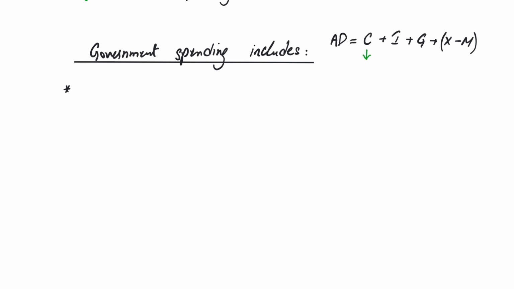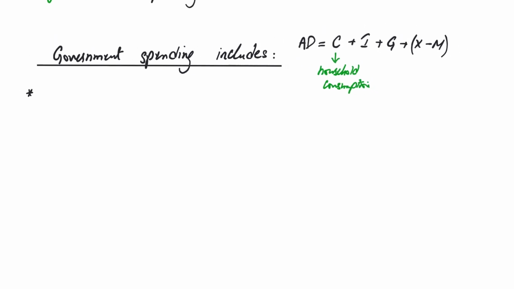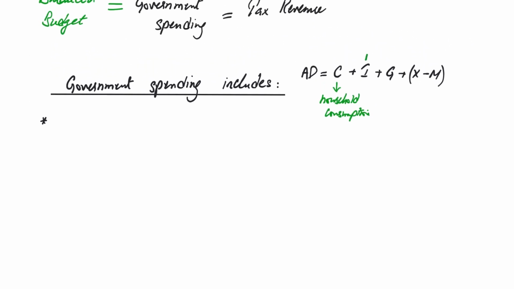C stands for consumption, and whose consumption? Household consumption. You, me, our families, the people of the country. I represents the business investments on capital goods and machineries and things like that, of Pakistani goods that have been produced. Then G stands for the government spending, which we are talking about.